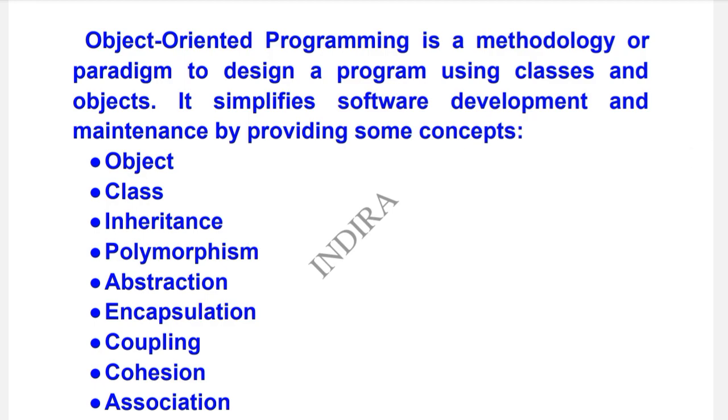Here cohesion is also known as message passing. So object oriented programming is a process which designs a program using all these concepts, and OOPS develops the software and its maintenance. So let's complete these concepts.